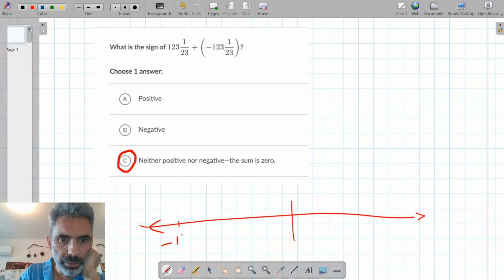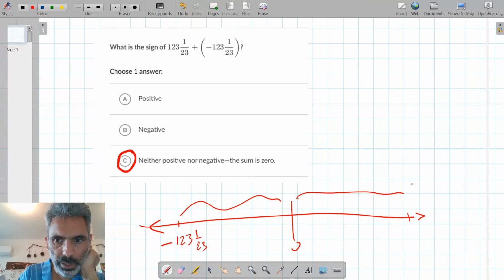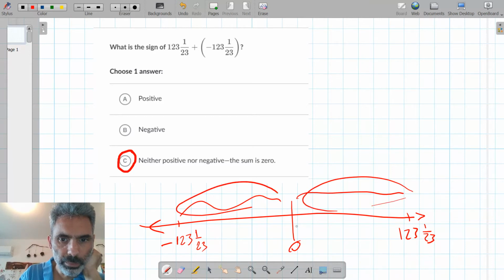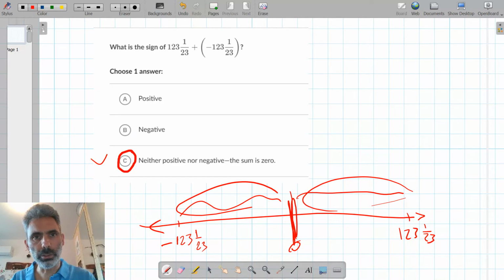One is to the left of the 0, negative 123 and 1 over 23, and one is at the same distance from the 0 to the right, 123 and 1 over 23. So if we combine them, we will end up exactly at the 0. So C is the correct answer.